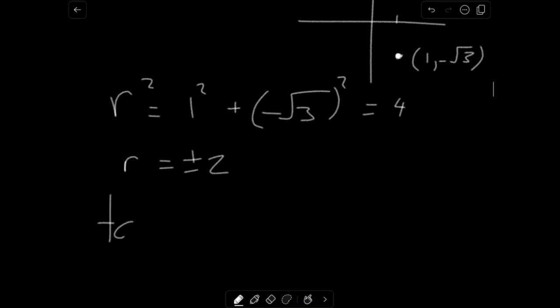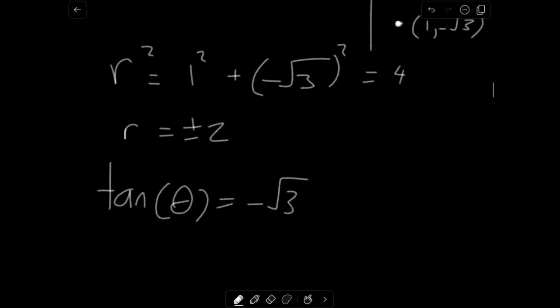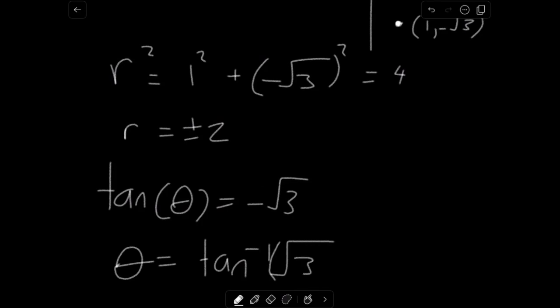So tangent theta is equal to y over x. That is going to be negative root 3 over positive 1, which is just negative root 3. So theta is equal to arctangent of negative root 3.